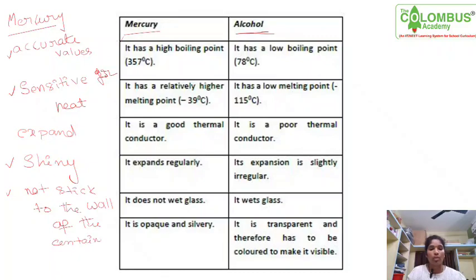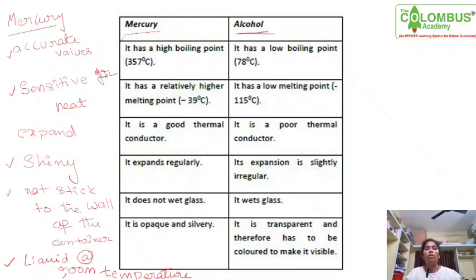And the other most important thing is, mercury is the only metal which is in the form of liquid at room temperature. So this is the reason why we prefer mercury in thermometers.